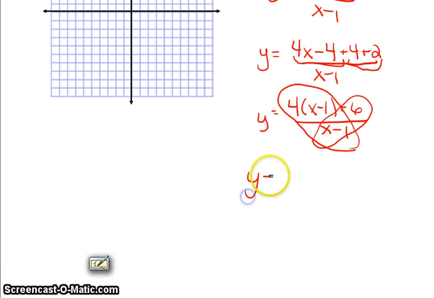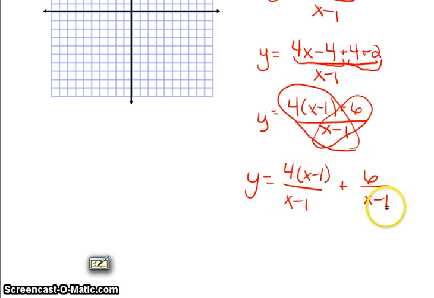So we have y is equal to 4 times x minus 1 over x minus 1, plus 6 over x minus 1. Then we simplify: we can cancel out these common factors of x minus 1, and we get y is equal to 4 plus 6 over x minus 1.